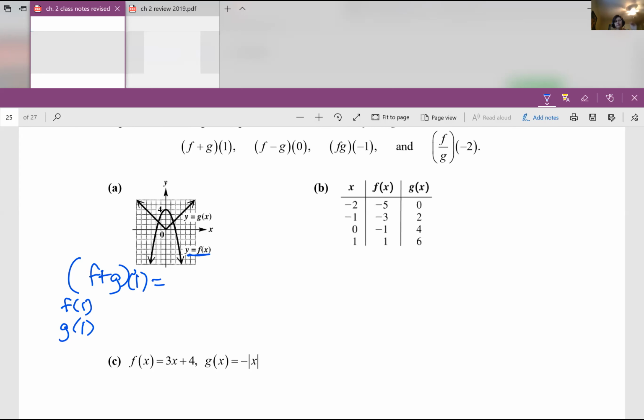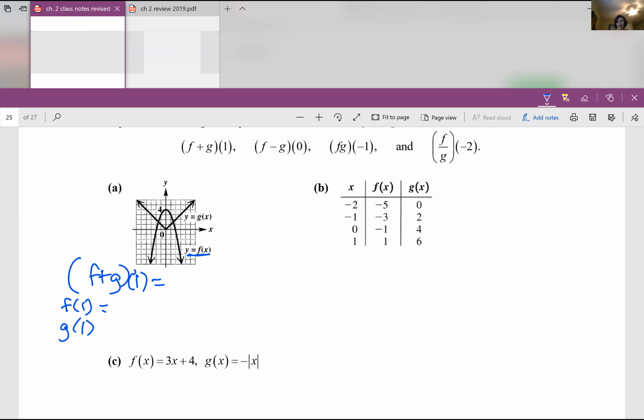So if I look for f of 1, do you have any idea what that value is? Okay, we need to review this. It's saying find the what? Remember, f of x is the same thing as y.